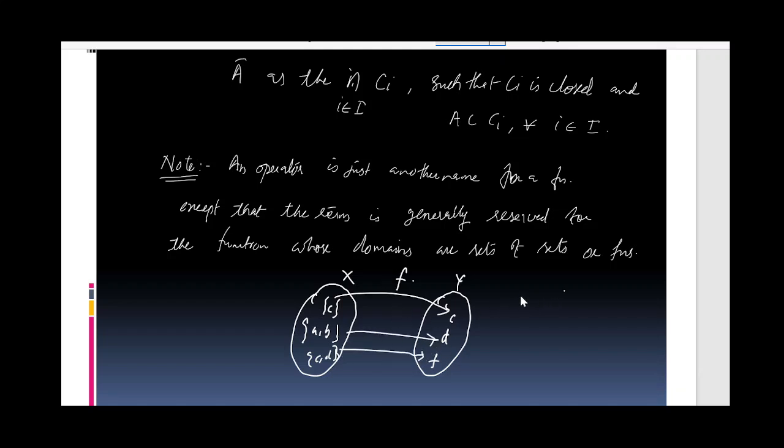This map we will call an operator. So the domain should be either sets or functions. In that case, we say that this function is an operator.